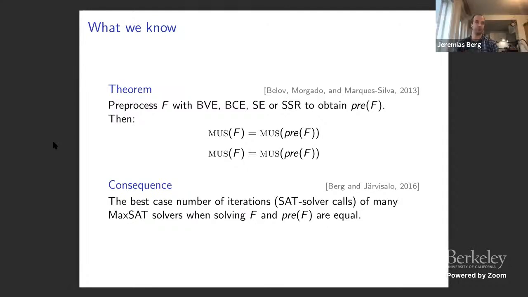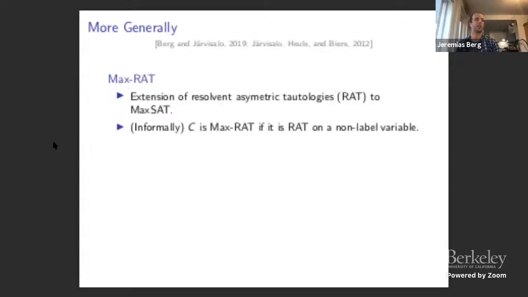Okay, so after my PhD, we generalized this result a bit. I will not go into details here, but a few years ago, we proposed this extension of so-called resolvent asymmetric tautologies to MaxSAT. RAT clauses are what you can use in SAT solving as a sort of theoretical foundation for many of the techniques that Benjamin talked about.